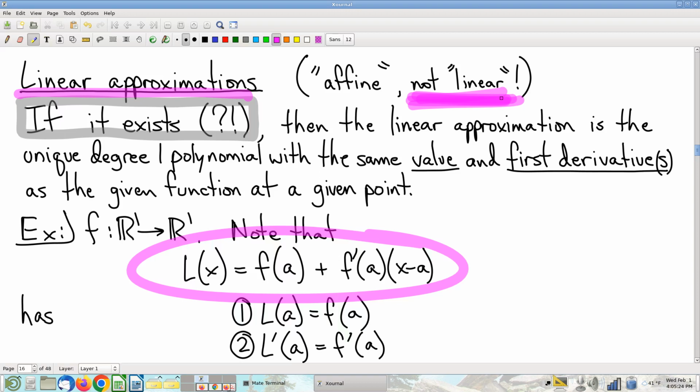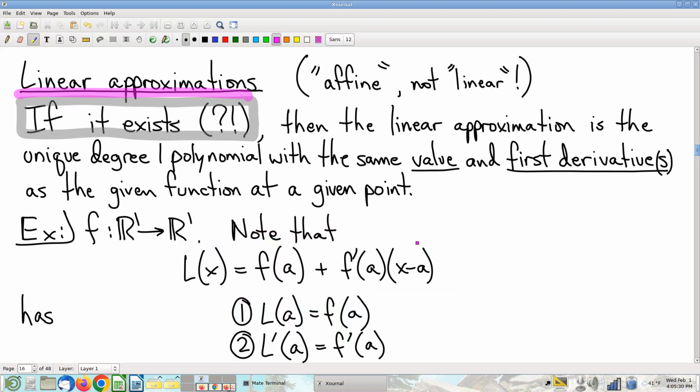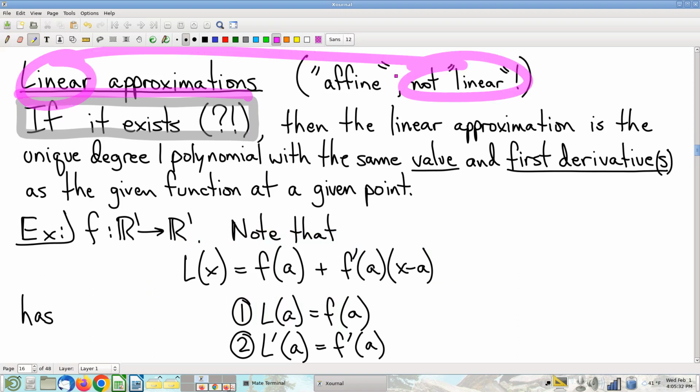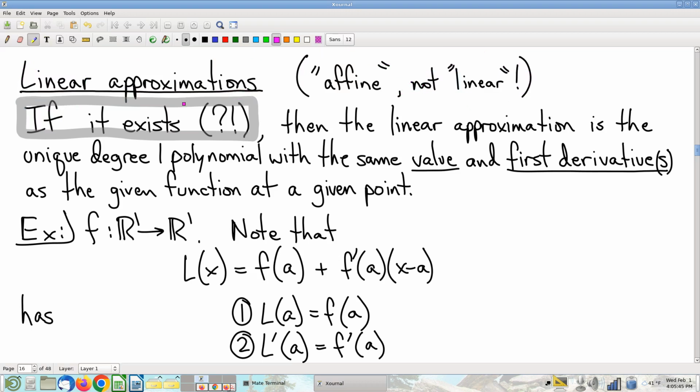Right? That's a rule about linear transformations, and this one doesn't do that. So this function's not linear. The reason that they call this a linear approximation, even though it's not technically a linear function, is because there is a closely related component of it that actually is linear, and we'll get to that in a little while. Anyway, that's just terminology, and don't worry about it.